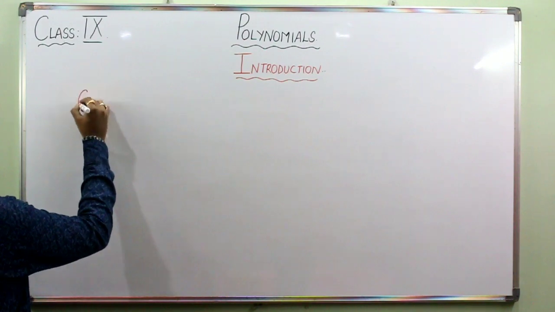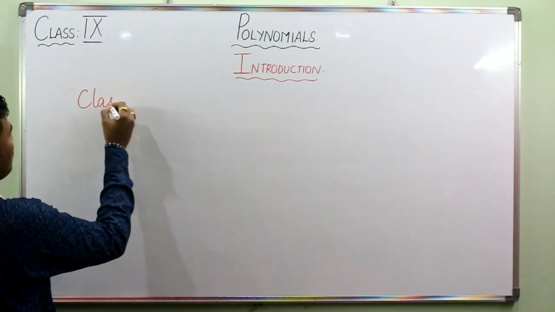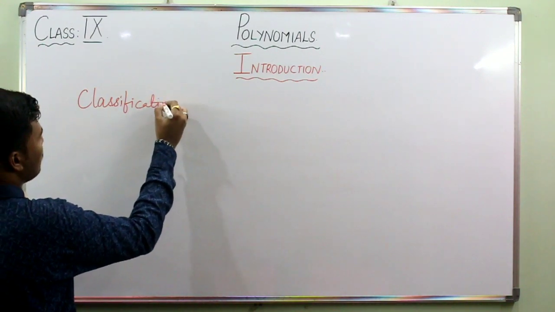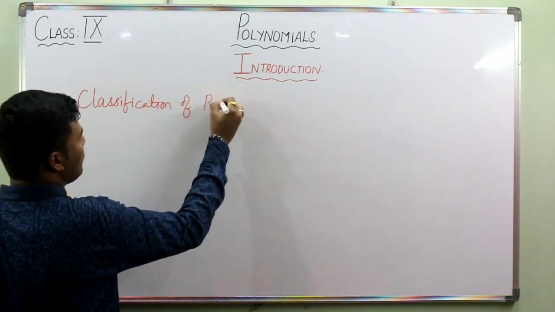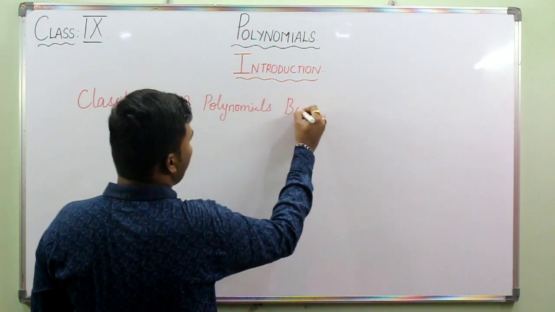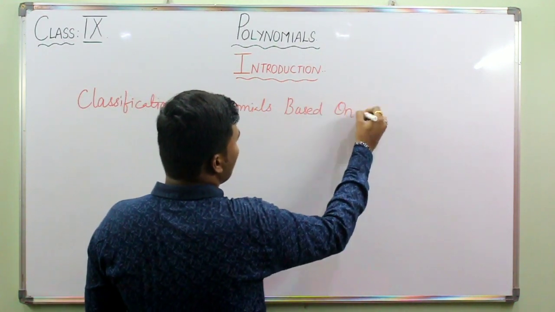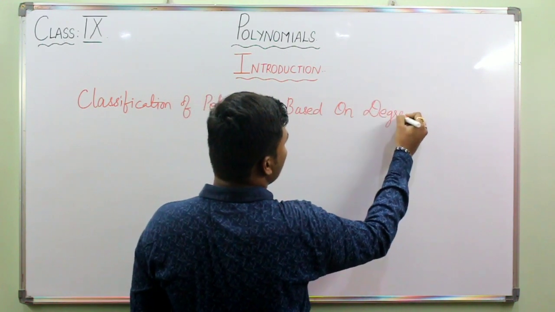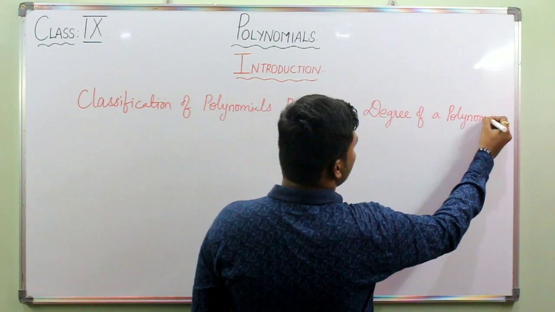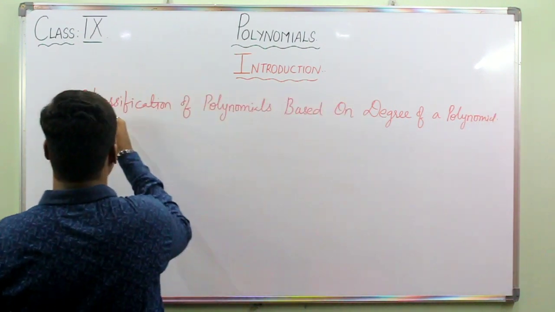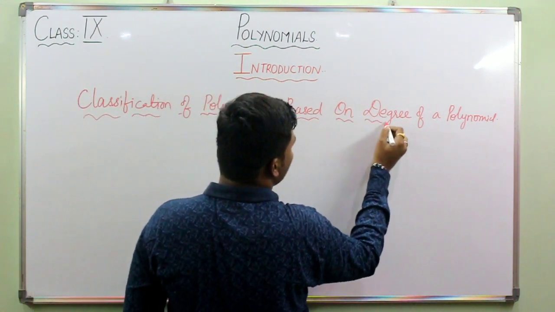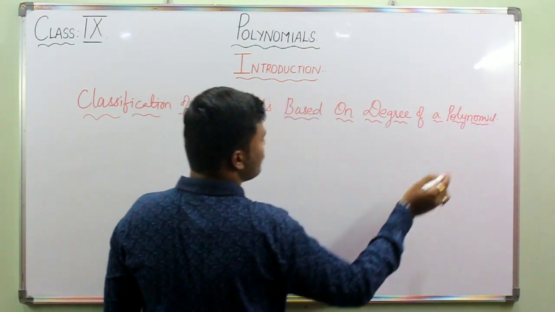Now let us classify the polynomials based on the degree of a polynomial. We have seen that the degree can be 1, 2, 3 and so on.